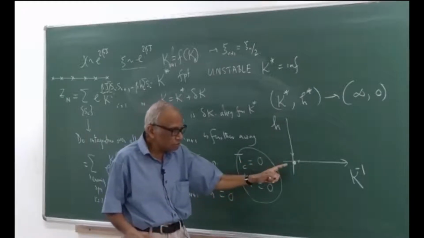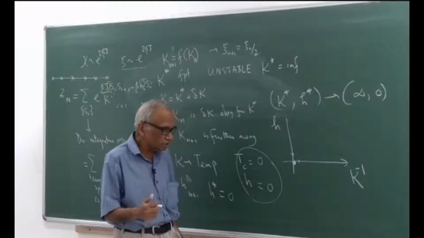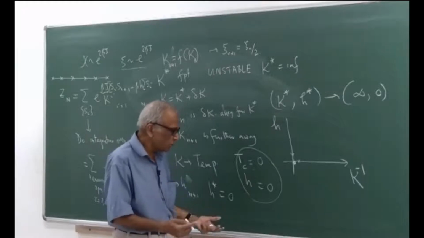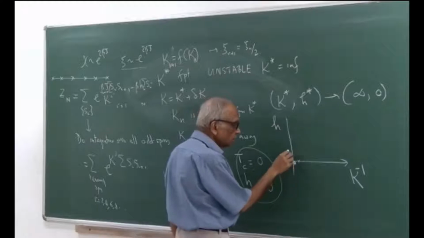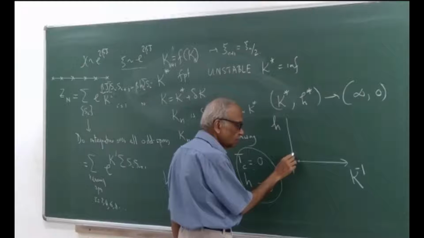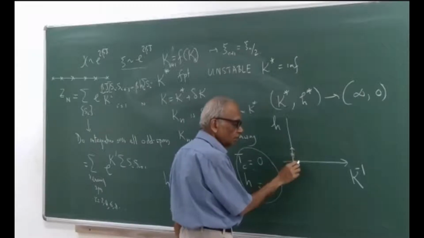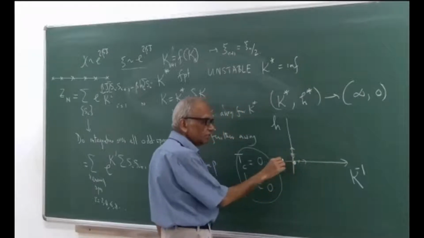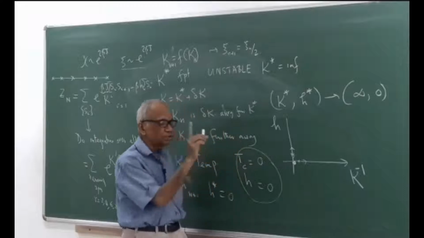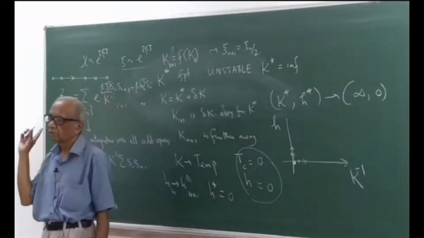It is also, this is what you can very easily check, that it is unstable in the H direction as well. That is, if I set something over here, it will go away. If I start out here, it will go away. If I start out here, it will go away. So start out anywhere on this plane except at the origin, things are going to go away.